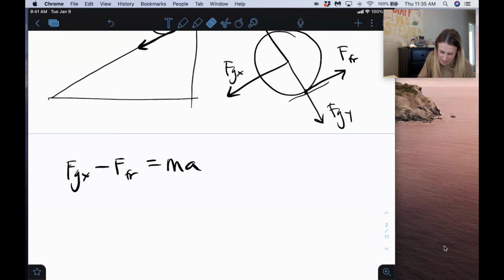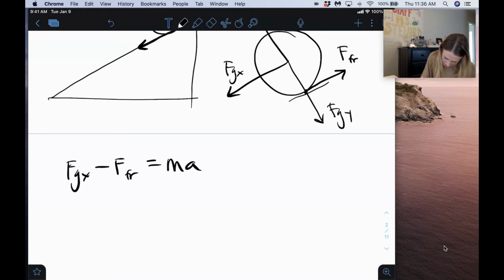Force of gravity in the X direction, we know that's just the force of gravity times the sine of theta. We've talked about that a lot in class. If you don't know why we use the sine of theta, then please ask me in class or review those videos where we talked about objects on inclines.